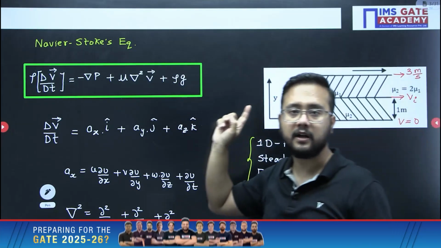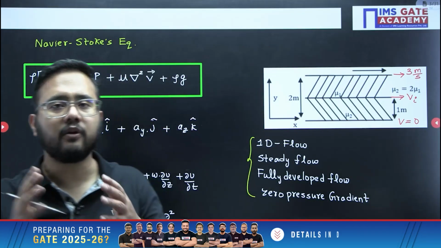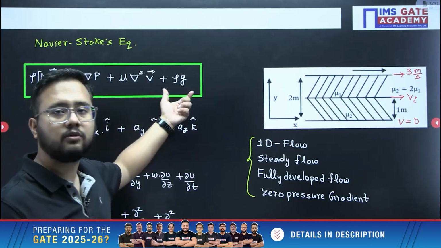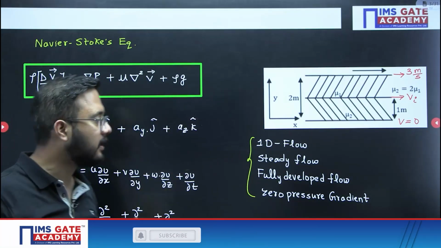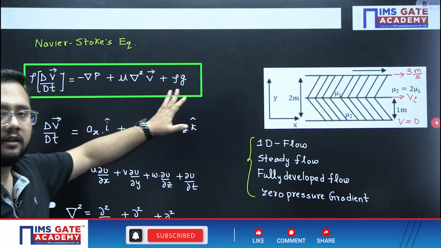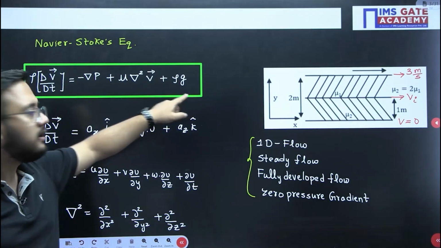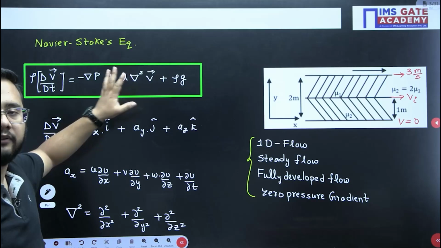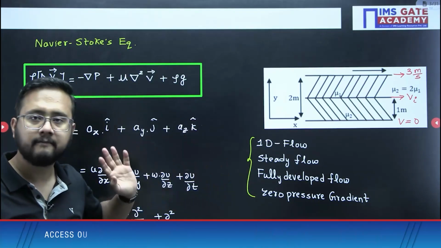So remember this part. It will be coming when it is inclined or vertical. But in case of horizontal motion, rho g actually is a representation of body force, and that will not come into this particular case. That's why we have ignored that part. So this comes 0, this is 0, this is 0, and this one we have ignored. And this is what we are having, the only parameter available in the Navier-Stokes equation based on these assumptions.